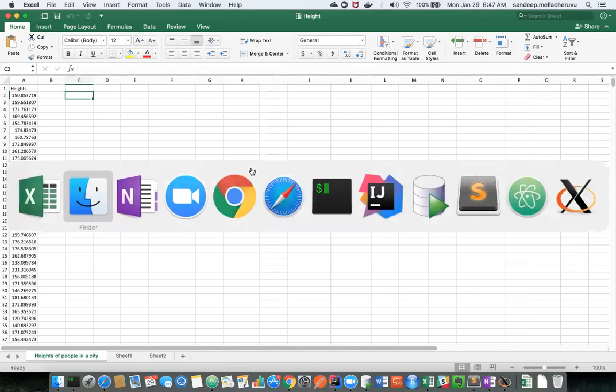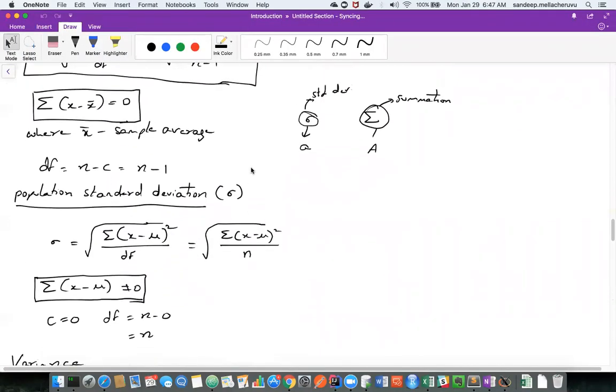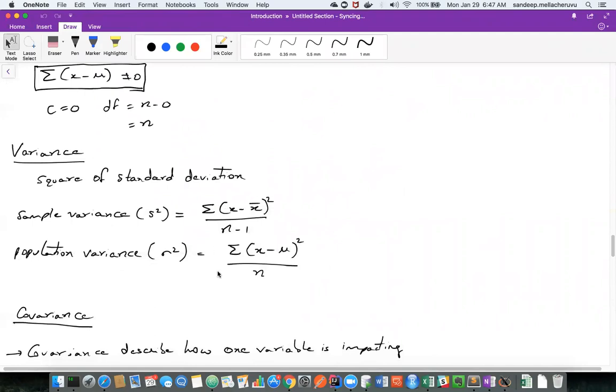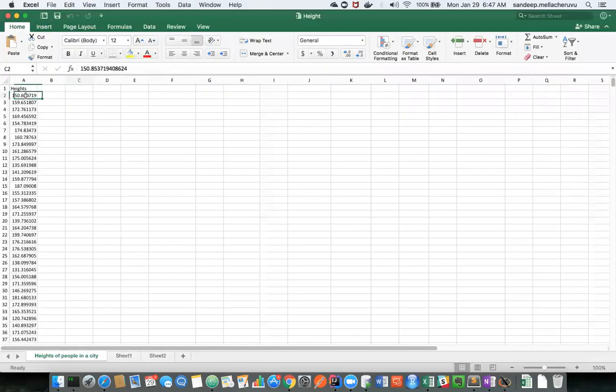You're right, actually. But let me give you a little more background about it. If you are taking the sum of x minus mu, where x is from the population data, then this is definitely going to be 0. Let's actually do it.